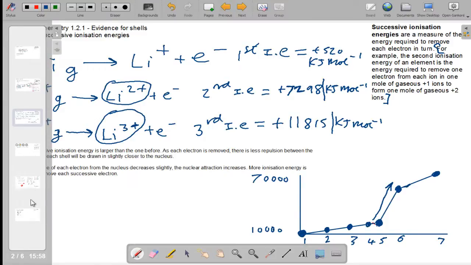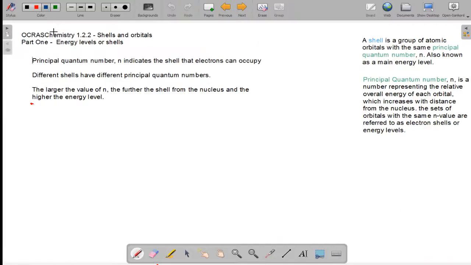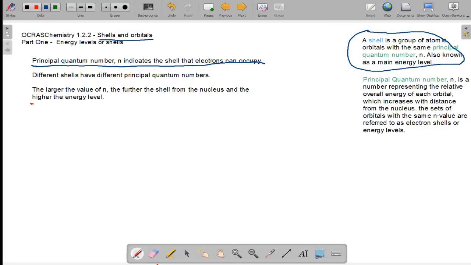Moving on to part 4 now, we're looking at the principal quantum number, which indicates the shell that electrons can occupy. This is shells and orbitals now. An electron shell is a group of atomic orbitals with the same principal quantum number n, also known as a main energy level.